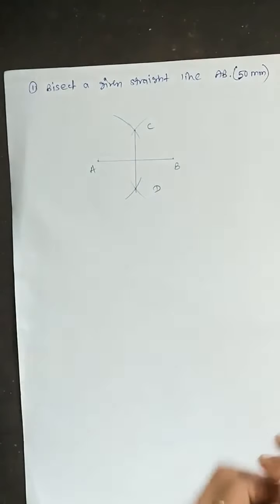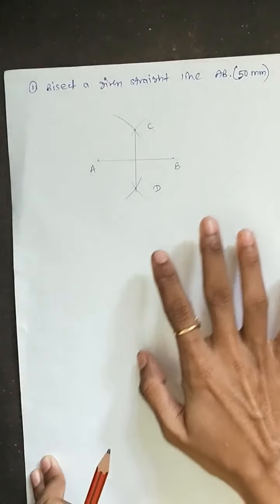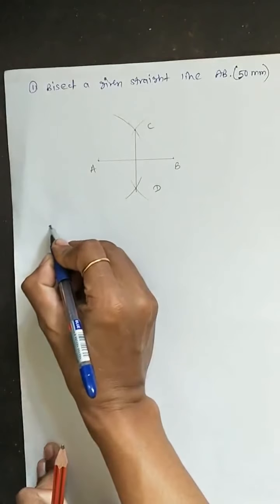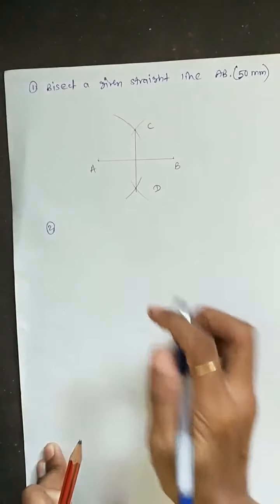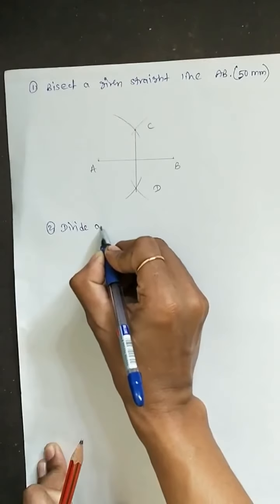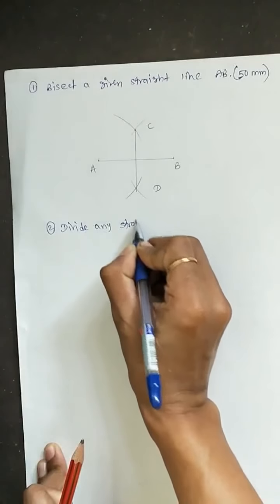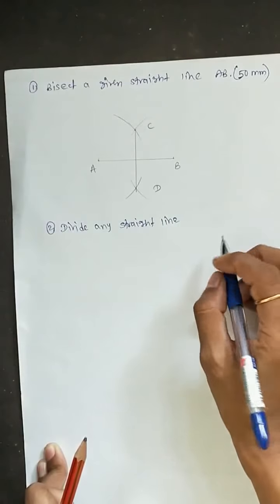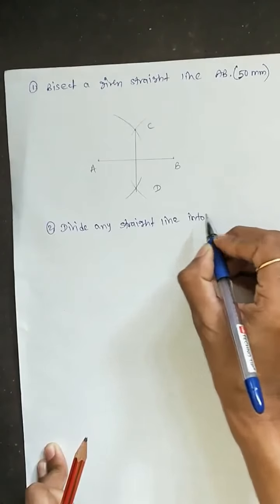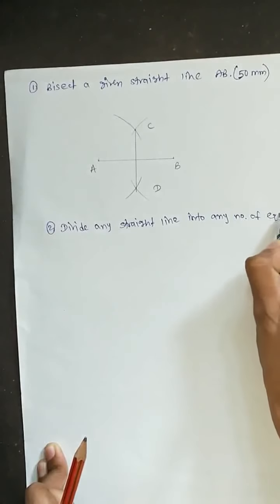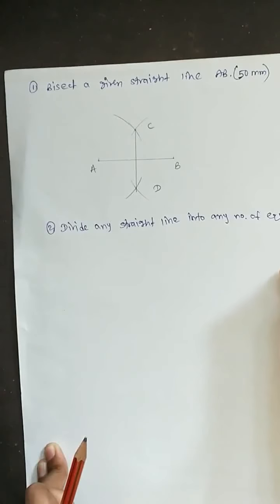Now this is completed. Now second example I will take. Divide any straight line into any number of equal parts.